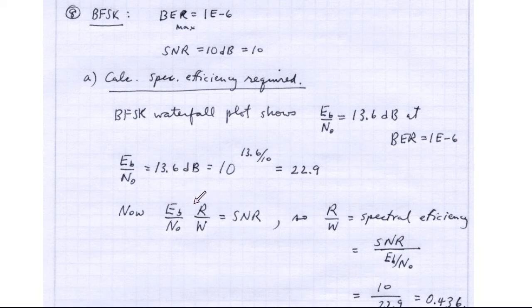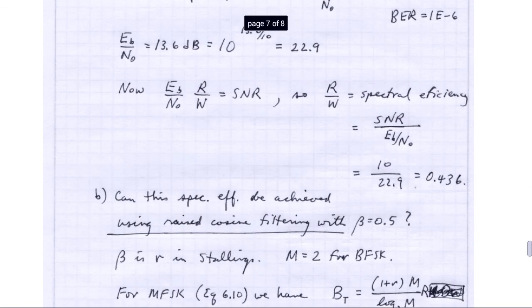N naught times W is thermal noise density times bandwidth, which is thermal noise. So signal in the numerator, noise in the denominator. Solving for R over W, which happens to be spectral efficiency, bits per second per hertz of bandwidth used, we're going to get 0.436 for the spectral efficiency.